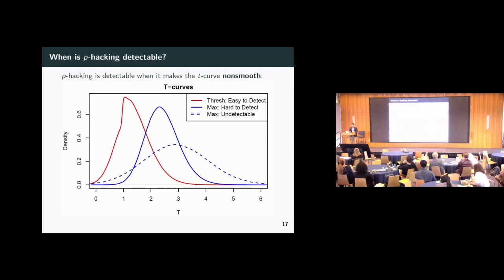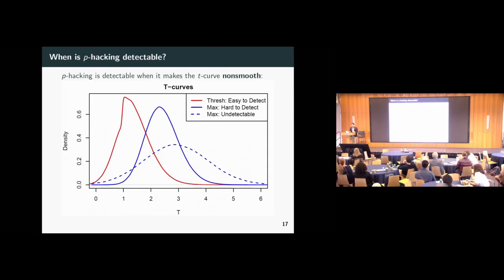The second t-curve also turns out to be detectable. It isn't quite smooth enough to possibly be produced without selective reporting, but it's not obvious to the naked eye. The solid blue line is pretty smooth, but it turns out mathematically it's just not smooth enough to have been produced without p-hacking.